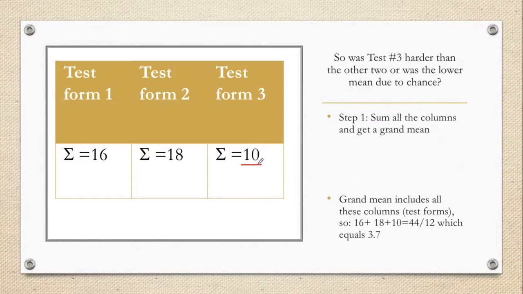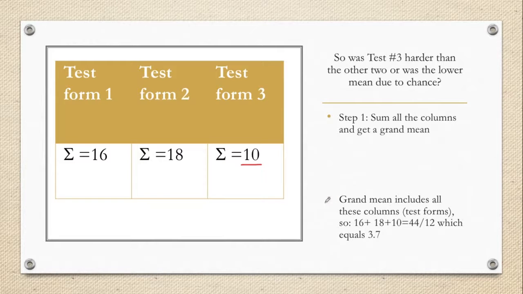Okay, so the way in which we get at this, so this is under the hood analysis of variance. The first step we take is we sum up all the columns for each of the test forms. So for test form 1, you're going to get a sum, adding up all those scores, of 16. For test form 2, it's 18, and for test form 3, it's 10.